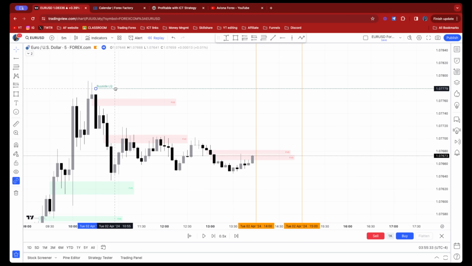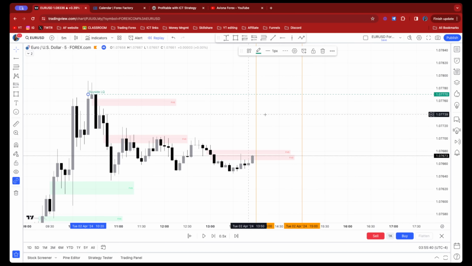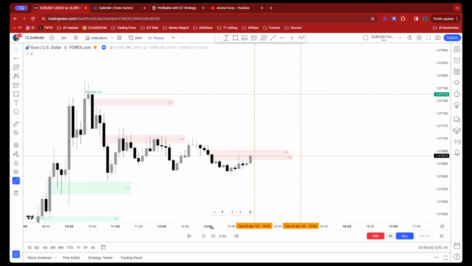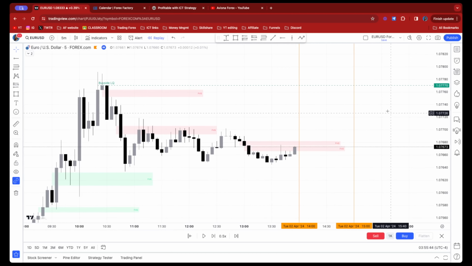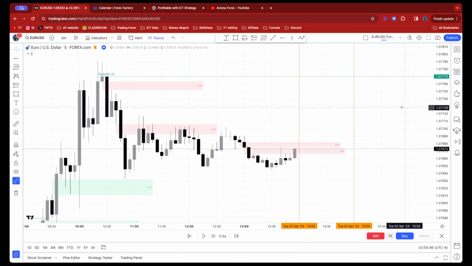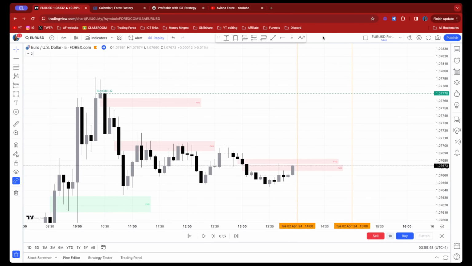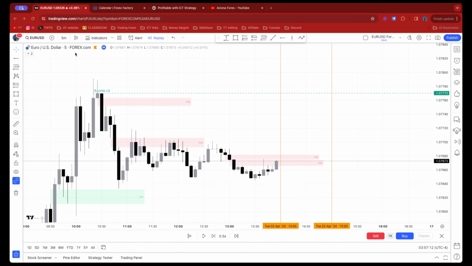You can assign it at this precise level, or you can assign it here. I like to be a little bit tighter with my liquidity because I'm trading Forex. But if you're trading indexes, then backtest and see for yourself what is the best liquidity level to keep in mind. Okay, let's go on the 3 minutes time frame now.